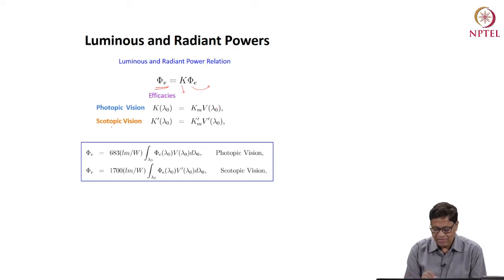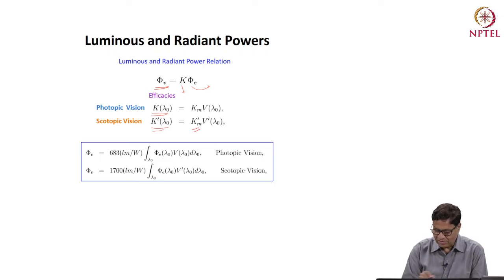Whereas for scotopic it is a different constant, Km prime and V prime lambda, as we had discussed in the earlier graph. V lambda, that is the eye sensitivity function, is different for photopic and different for scotopic. So V lambda and V dash lambda are for photopic and scotopic, and then Km and Km dash are the constants, and this is how you get the value of K lambda and K dash lambda.